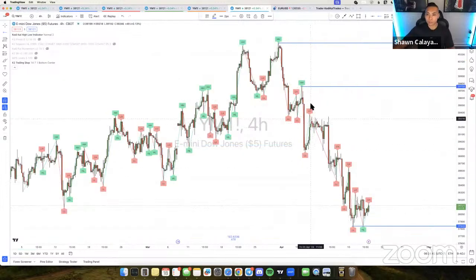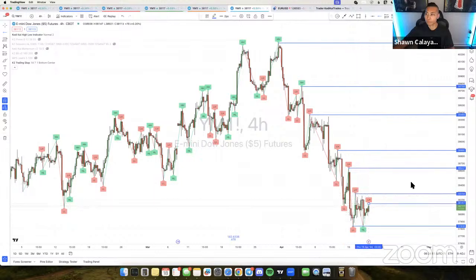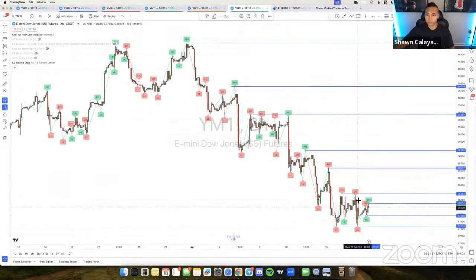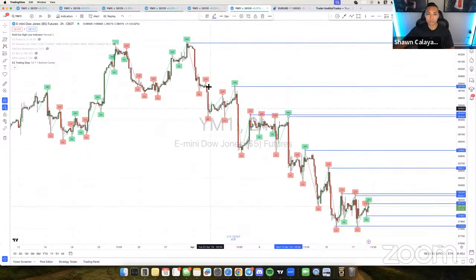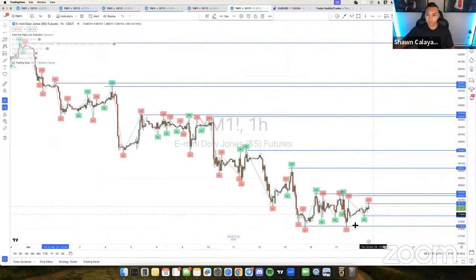Going down to the 4-hour time frame. Down to the 2-hour time frame. Down to the 1 hour.